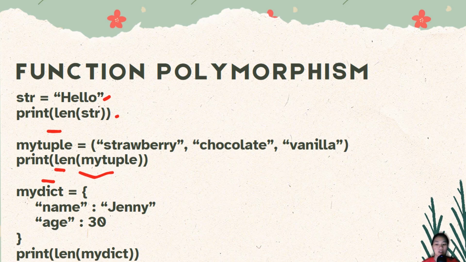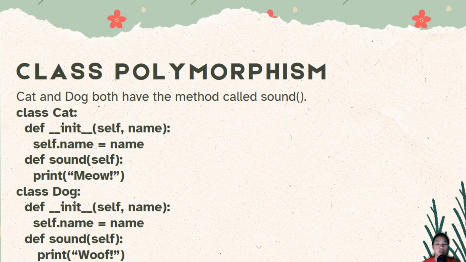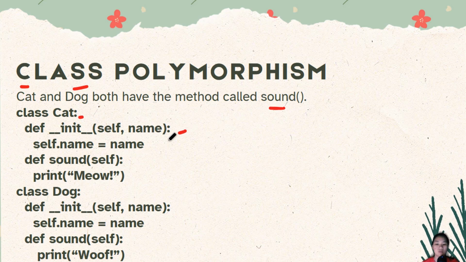All right, let's move on to the next part, class polymorphism. Now, I have two classes in this instance, cat and dog. They both share something similar, and that is the sound function. First off, I have class cat with the init function. I'm just going with name, keeping it short because this part is not our focus.